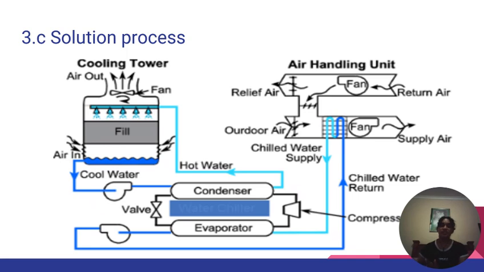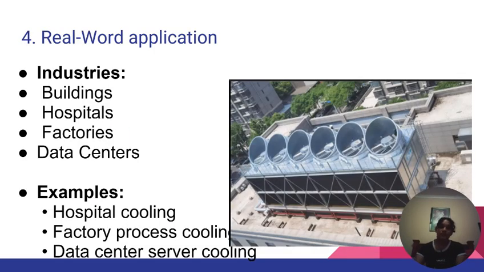But in this case, for my small model, I am using a Peltier and not a cooling tower, which is expensive and big, and a condenser and evaporator, which are also really expensive and big.